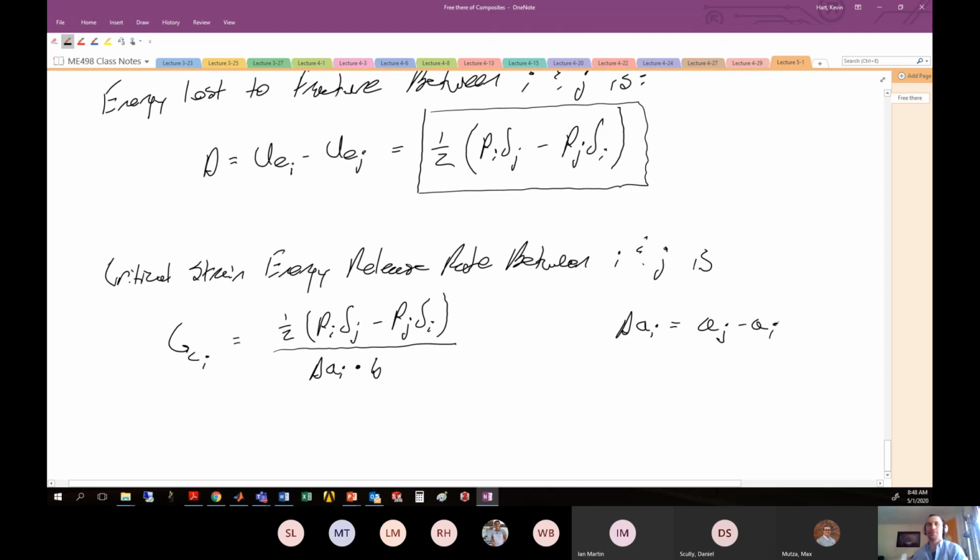This is the difference in the crack opening between location I and location J.